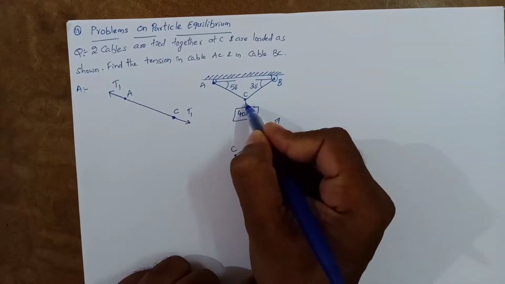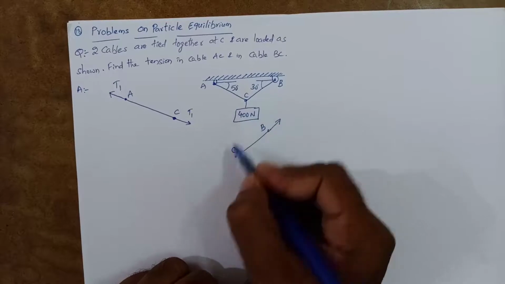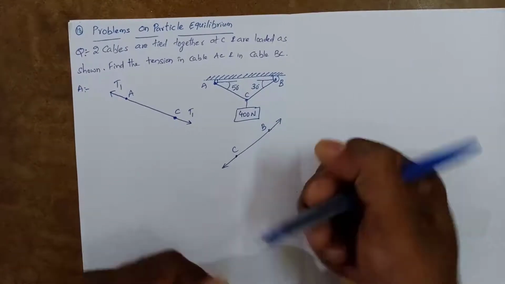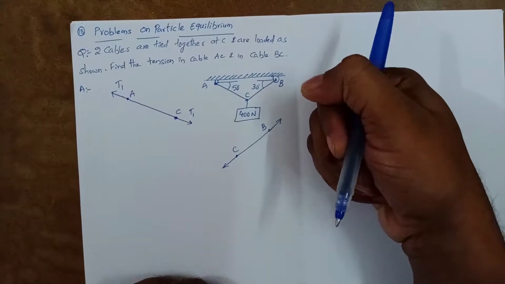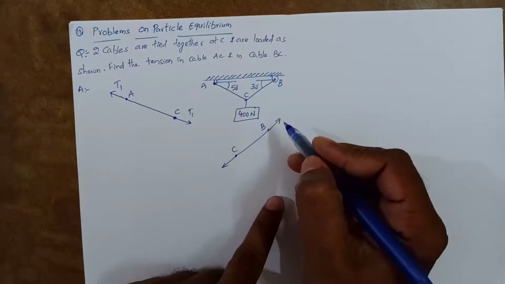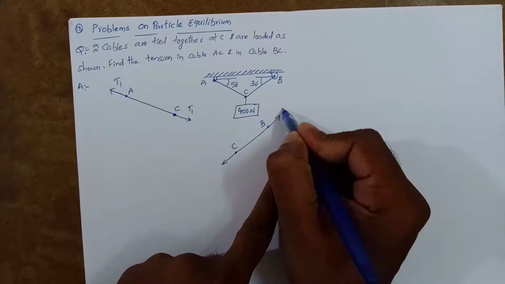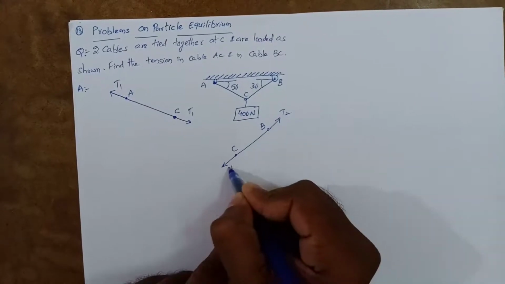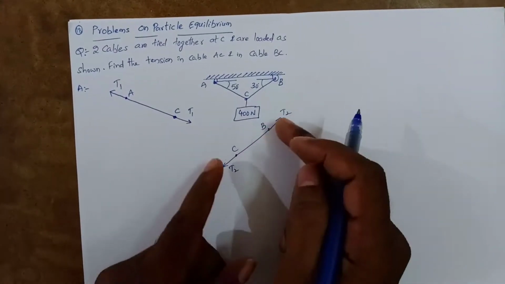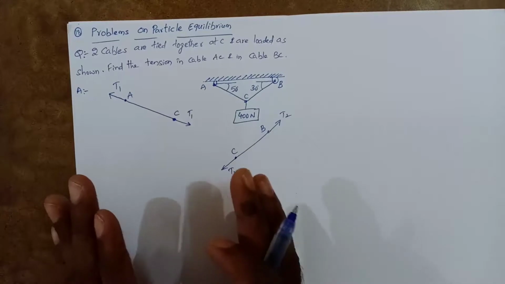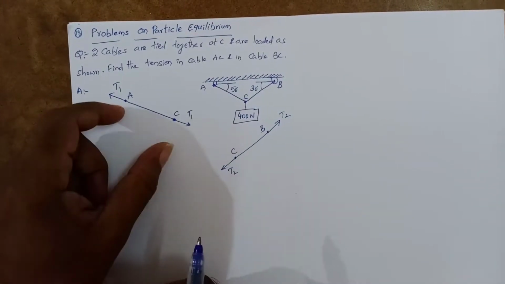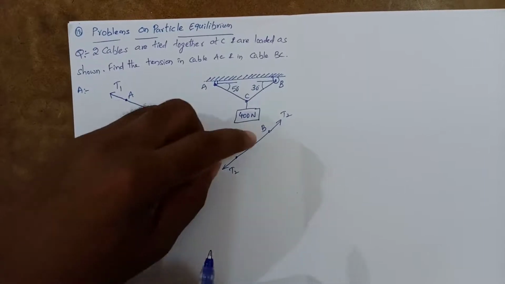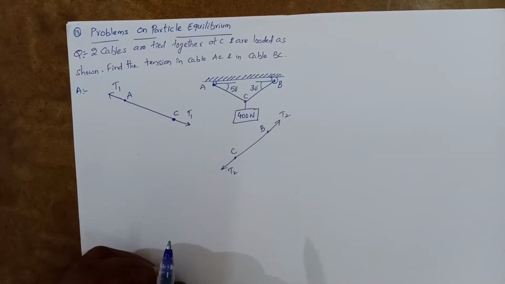Similarly, point C here will pull this cable BC in this direction. Thereby, cable BC is tight and it will be in tension. Let us say the tension in cable BC is T2. T2, T2. It is only one cable, B to C, so there exists only one tension, say that is T2. Cable AC has tension T1, cable BC tension is T2.